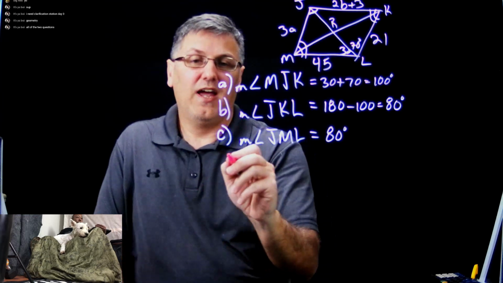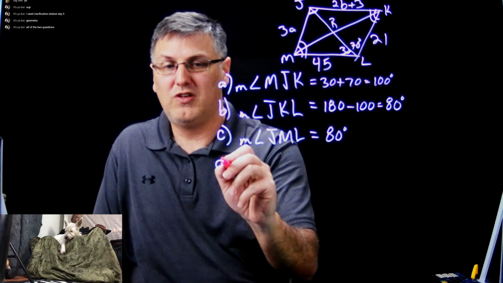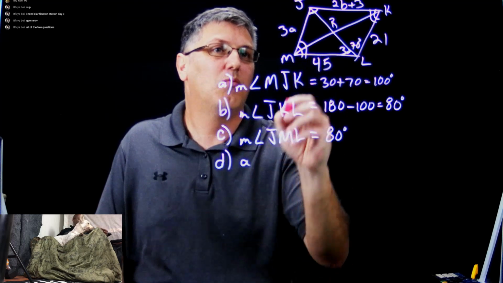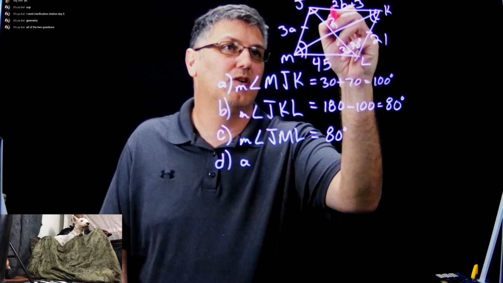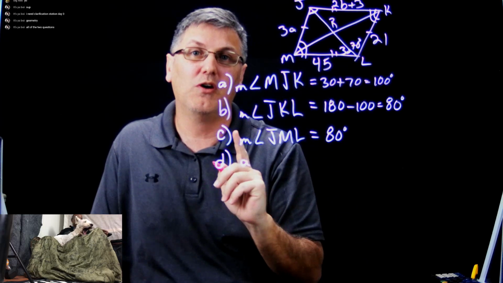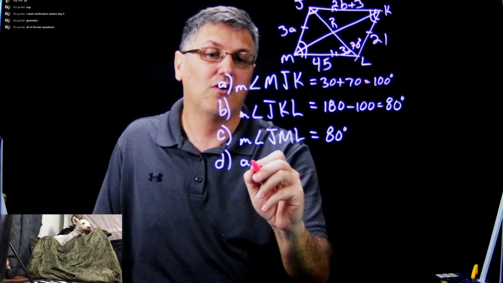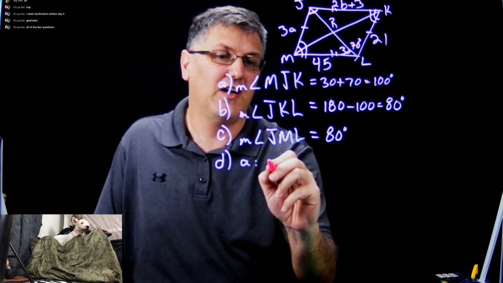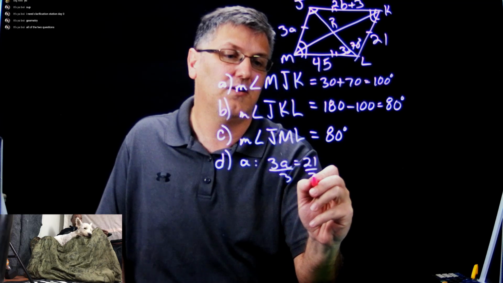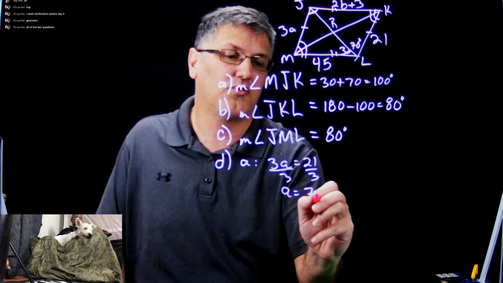Then I ask you to find A. In a parallelogram, these are congruent and these are congruent, and congruent leads to an algebra equation with equal signs. So I can say 3A equals 21. I divide by 3, and I get A equals 7.